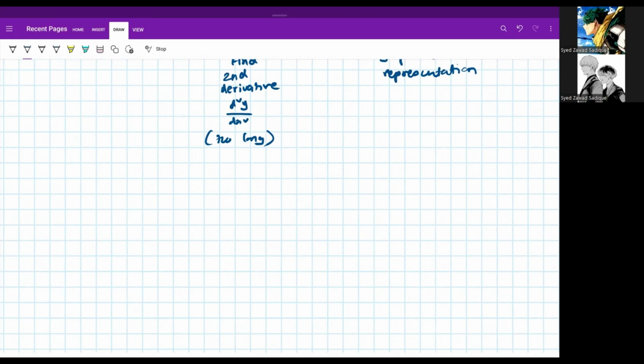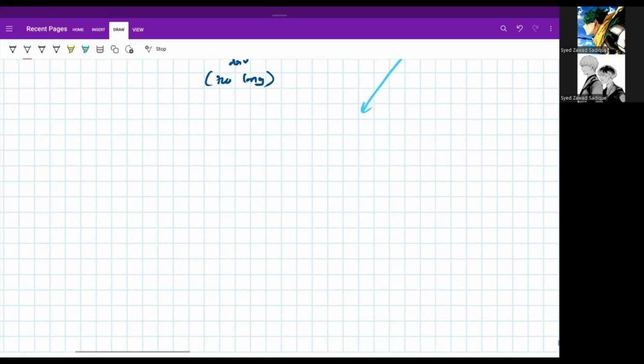So how do we do this? So put this here. We draw a table. So we know the stationary point was at x is equals to half.